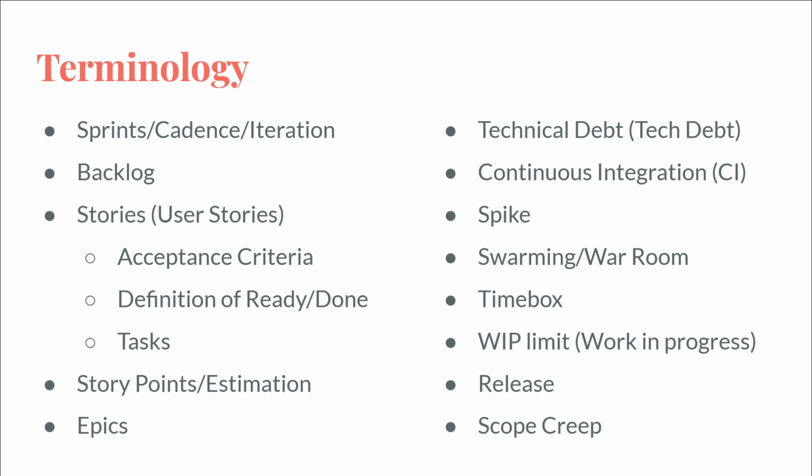That's the format. Or some companies will have personas of a fictional character that represents a group, which is designed to make it feel like you're designing for an actual person and to care about that person. And so they say, as Maria, I need X so that I can Y. So that's the idea there.